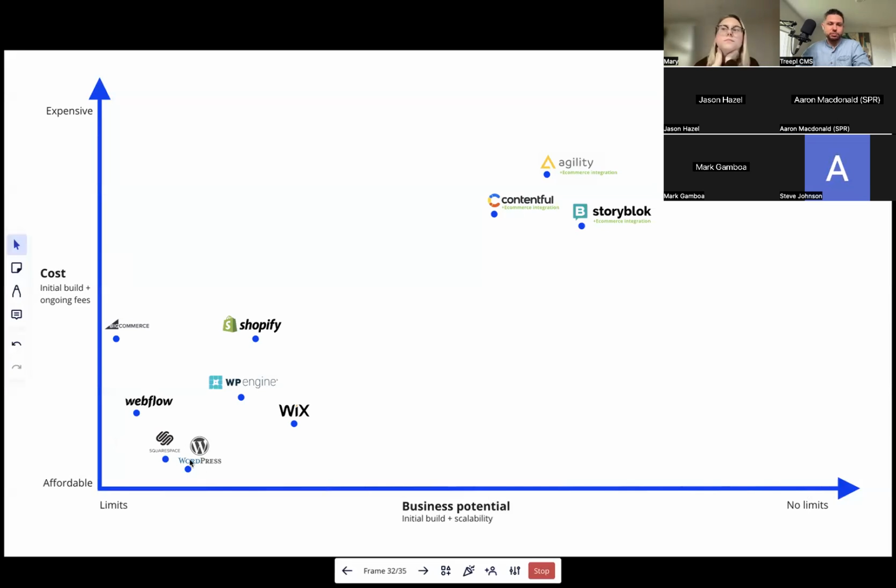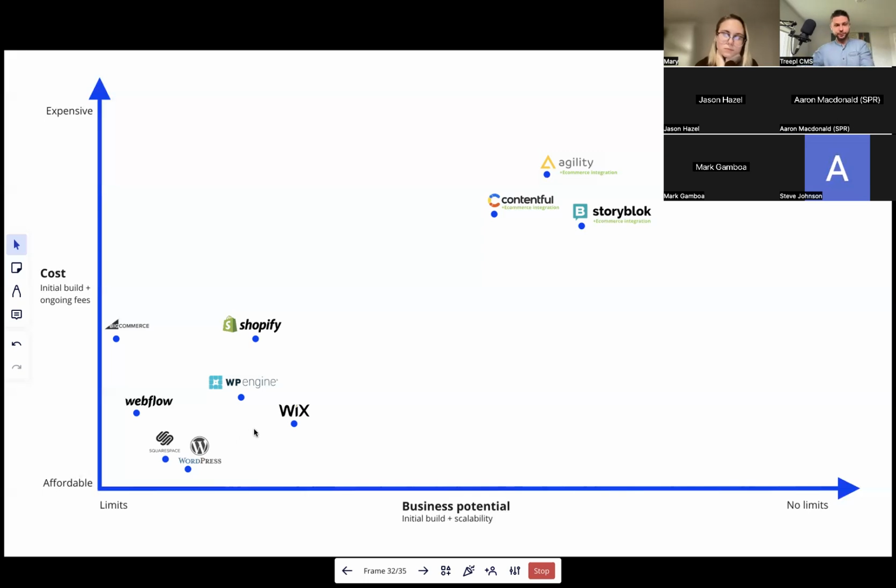For example, we took WordPress and WP Engine and moved them to the left because of the conflicts they're having with plugins, and for scalability reasons. This is where they suffer.